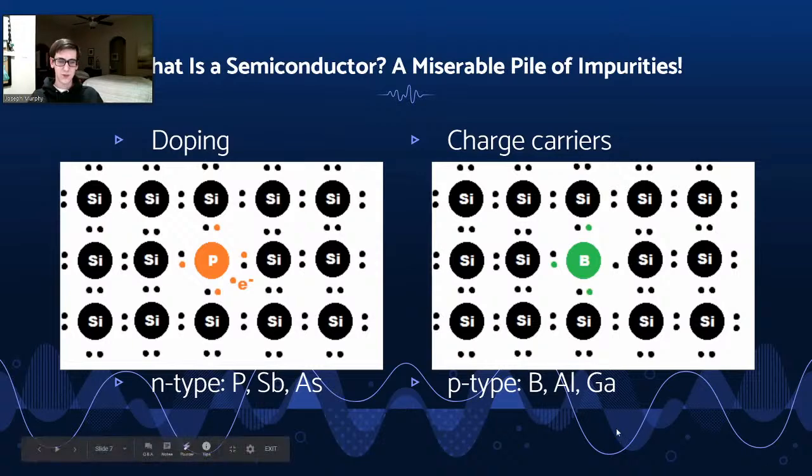So we have to understand that electrons are carrying charge around when we talk about electricity, but you can also theoretically think of the lack of an electron as a charge carrier, an electron hole, which instead of having a negative charge like an electron, since an electron hole is the lack of an electron, it has a positive charge.